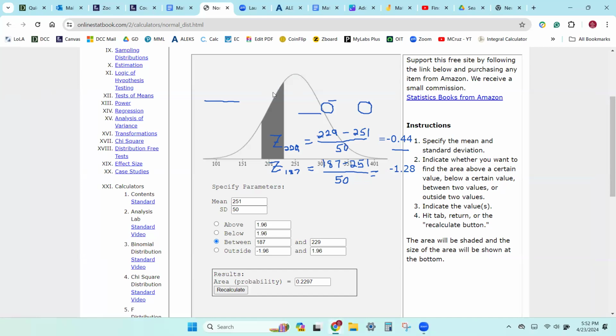Let's say that it had a slight difference to it.